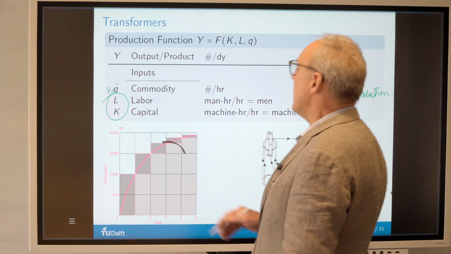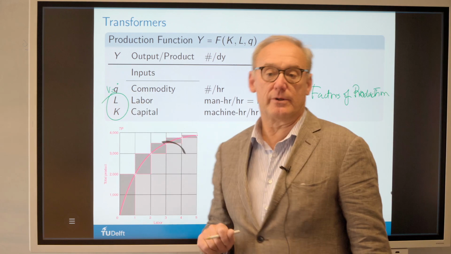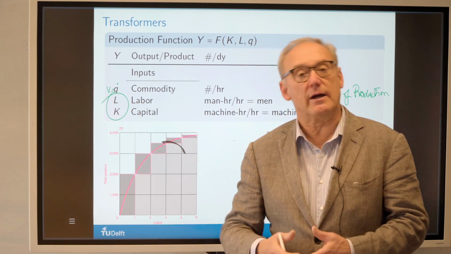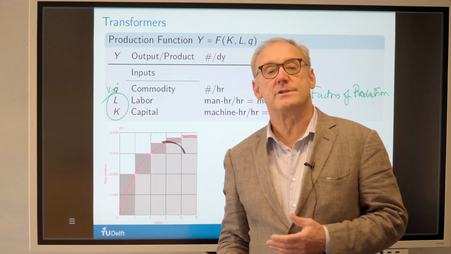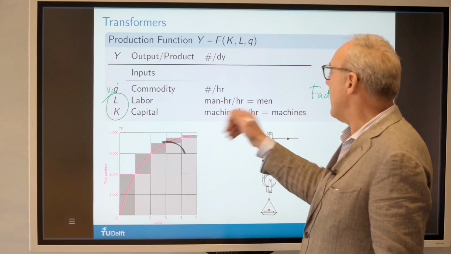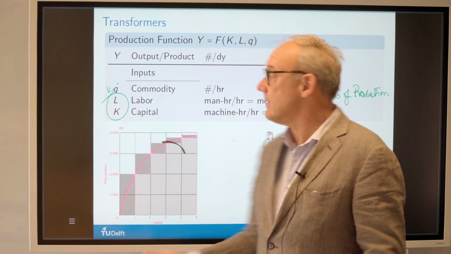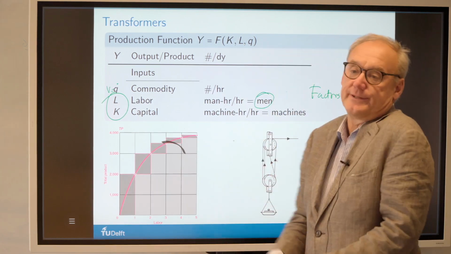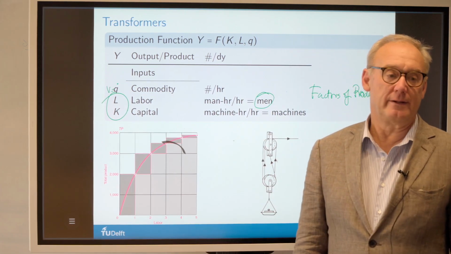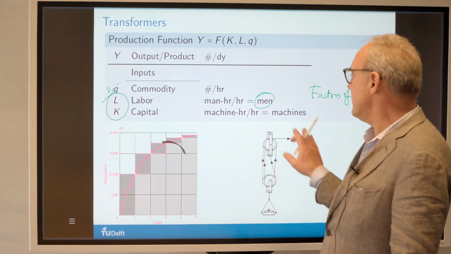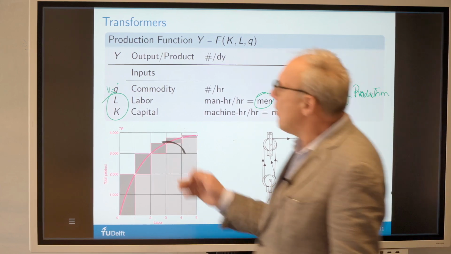But this is a flow variable. So now you need to look at the flow of man hours. Say I'm looking at the flow per hour, I'm buying so many man hours per hour, and it turns out that we just measure that in men. The same with machines. These are flow variables.